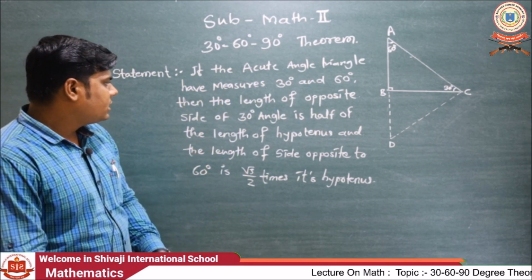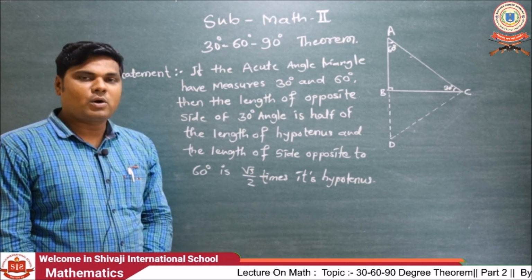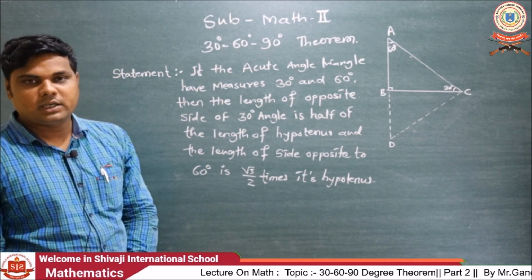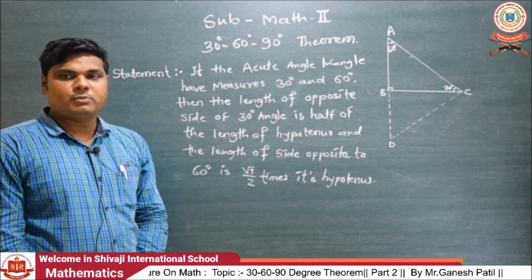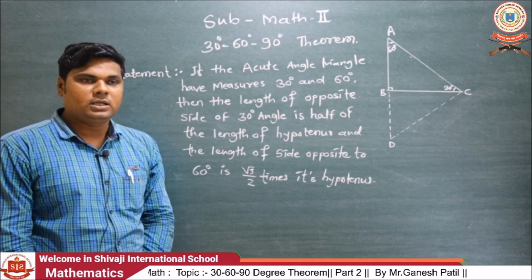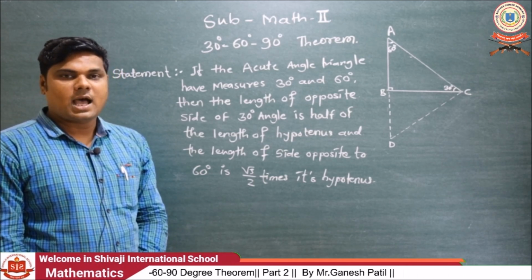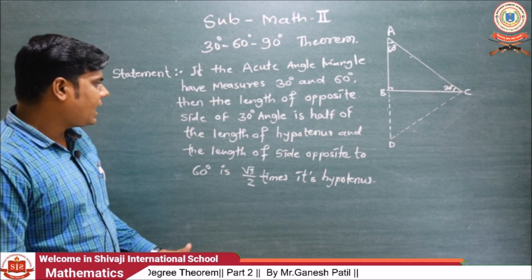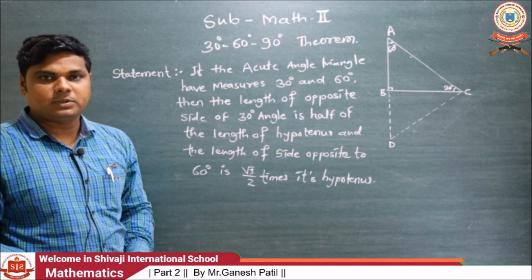Then the length of the side opposite the 30 degree angle is half of the length of its hypotenuse, and the length of the side opposite the 60 degree angle is root 3 by 2 times its hypotenuse. Now we are going to learn the theorem step by step.